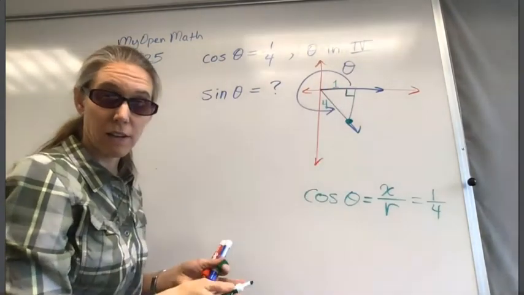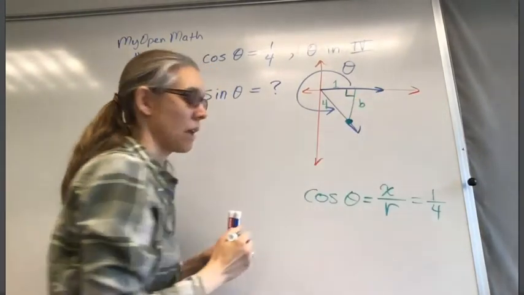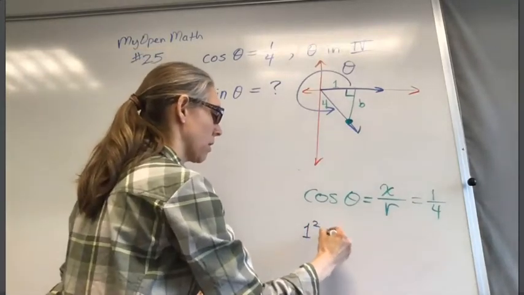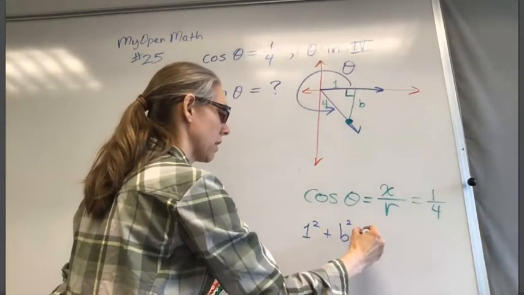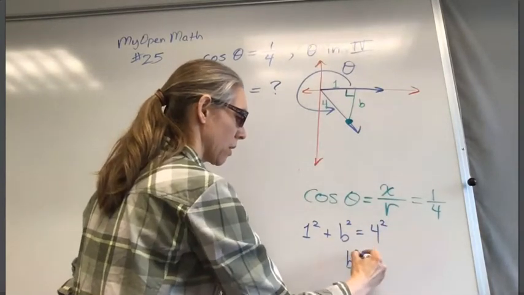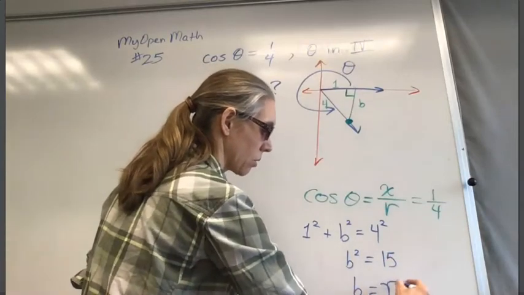So the y value would be the missing side. Let's call this b. And if we use the Pythagorean theorem, then we have 1 squared plus b squared is equal to 4 squared, so that b squared is equal to 15, and b is equal to the square root of 15.